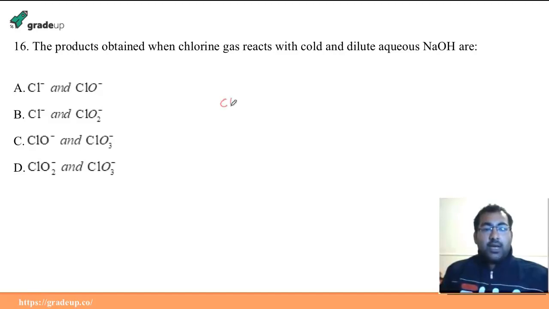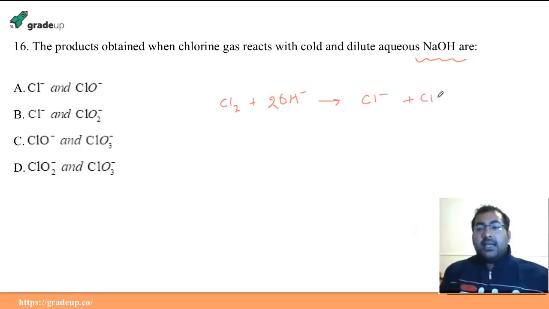When chlorine gas reacts with cold dilute OH minus or NaOH, which is equivalent, you get a Cl negative ion and a ClO negative ion. Obviously these ions may get attached to Na plus or not, but chlorine breaks down to Cl negative and ClO negative ion.